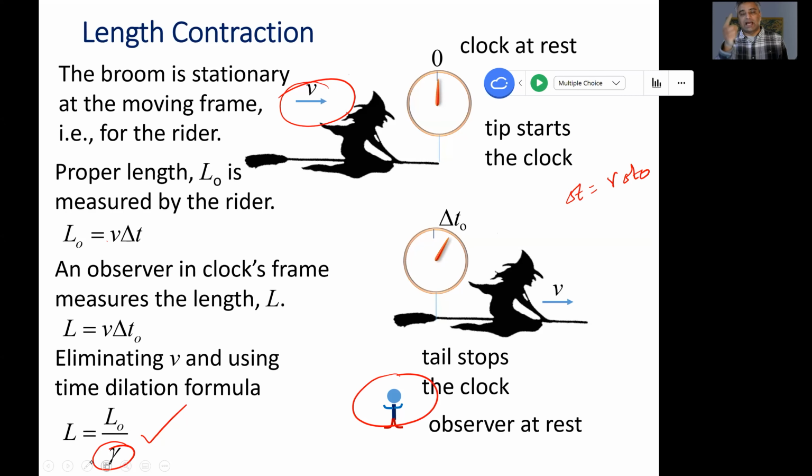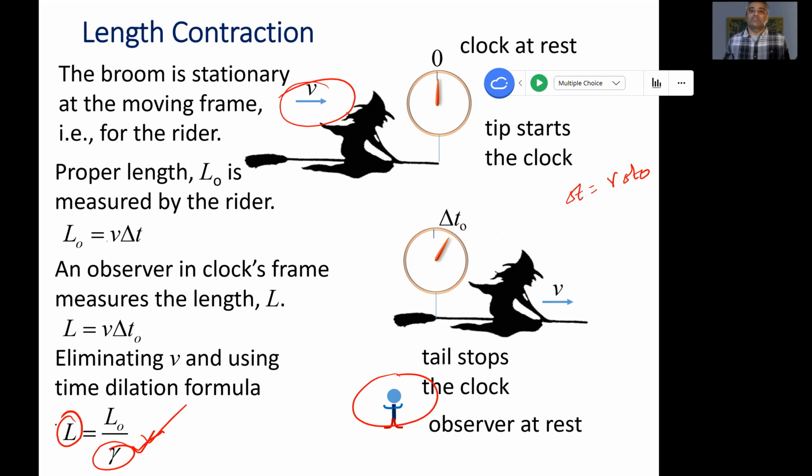And when v is larger than 0, in that case v over c becomes larger than 0. So for a moving object, gamma is always going to be larger than 1. So when this is larger than 1, the L is going to be shorter. So just like time becomes longer, length becomes shorter when you observe from another frame of reference.